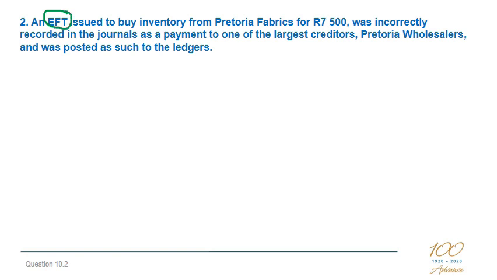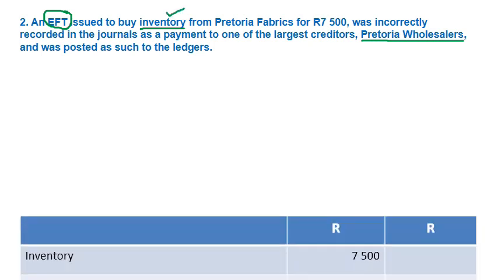I had a credit in bank. The credit in bank is correct because it was a payment, but not to a creditor to buy inventory. So my credit in bank is correct, but the debit need not be in the creditor, Pretoria Wholesalers. I want it to be in the inventory account.